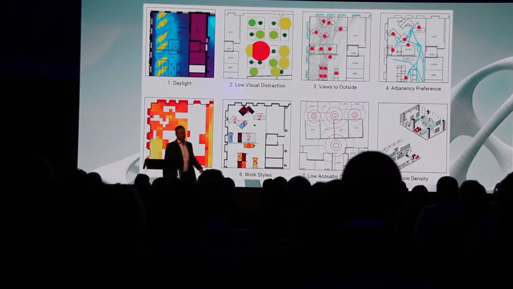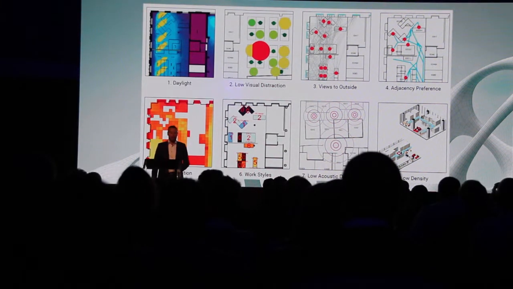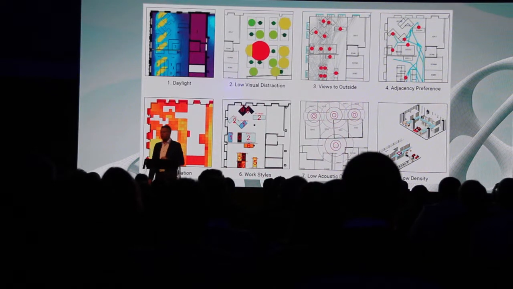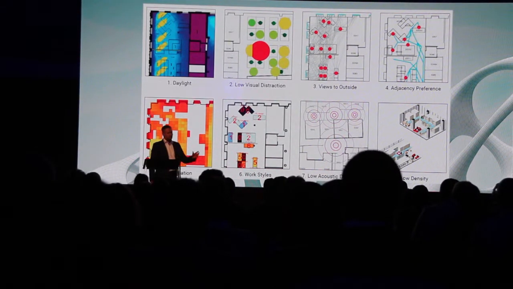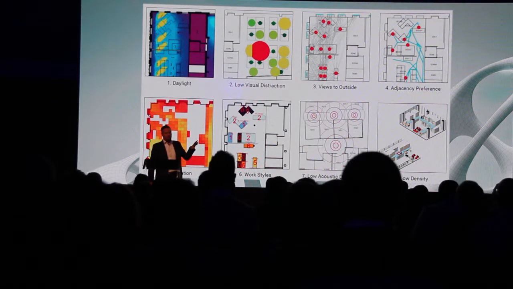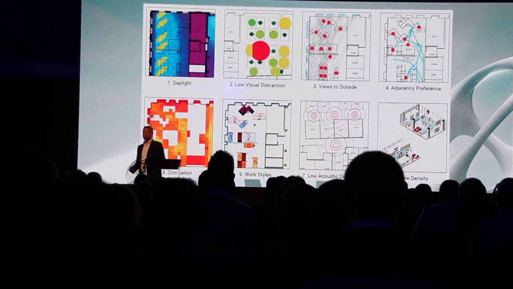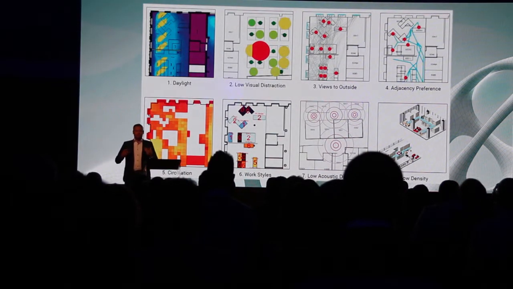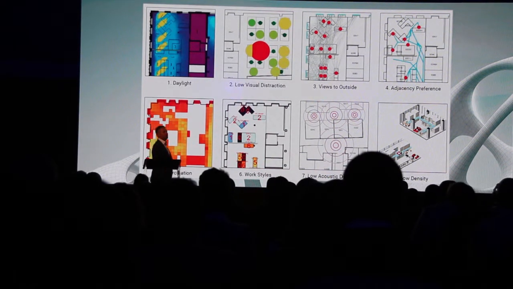They conducted studies against the existing King Street office they already had, to determine the best way to satisfy the design goals of the employees in that new space. These are the 8 that were identified. One which is very specific and very important here is the views to outside. You want to have a feeling of freedom in your office space. That was the most important part that they had identified.